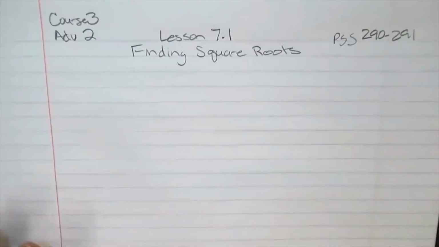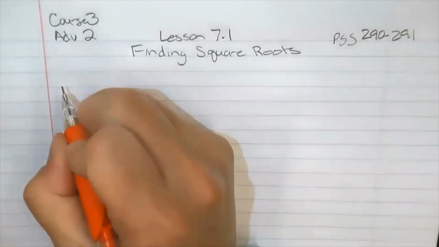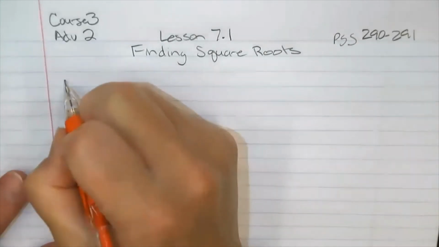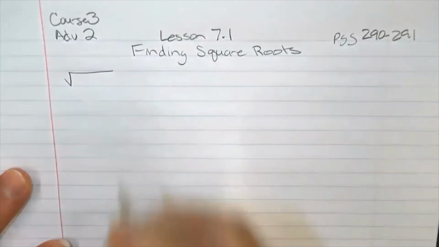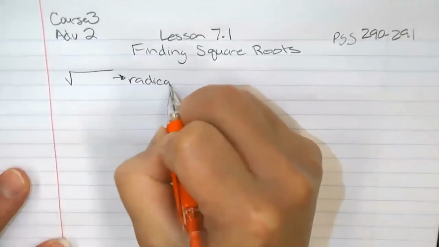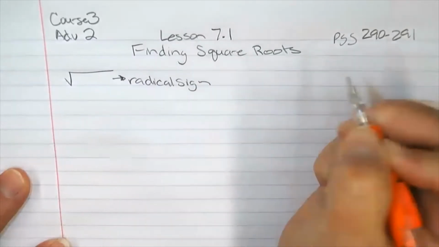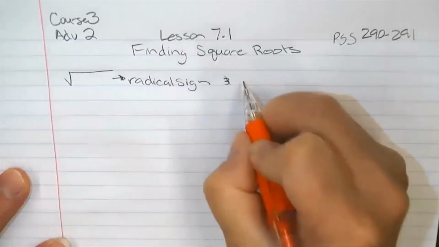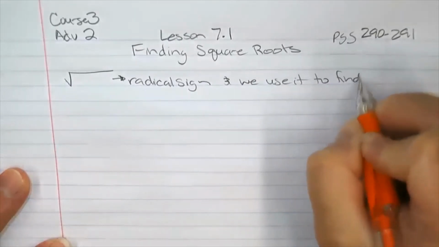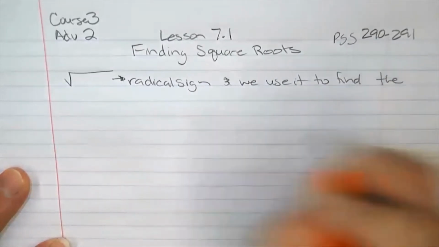Okay, so let's talk about the nuts and bolts. This is a radical sign, and we use it to find the square root of a number.